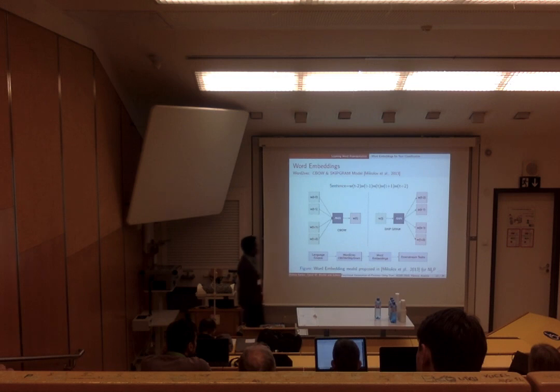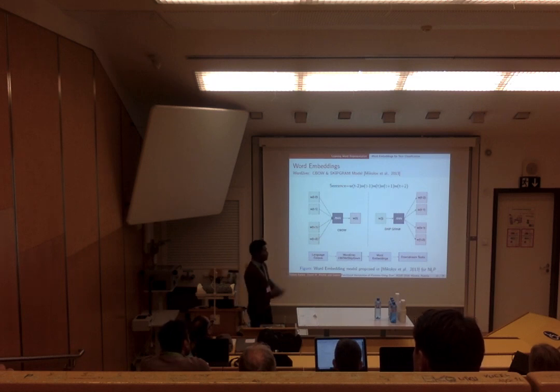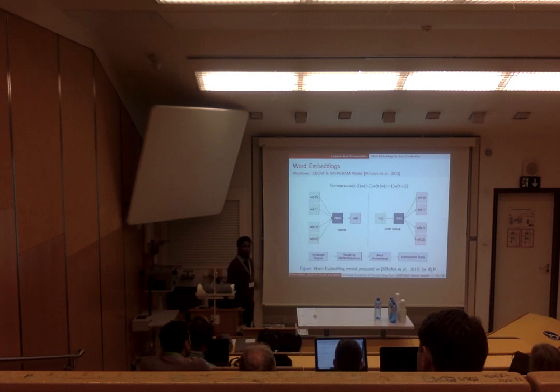The two are like mirror images of each other. For continuous bag of words, the input is the context. For example, you have a window of size C, you move this window, take all the words, consider the middle word as your prediction task, and all the other words are your context words.